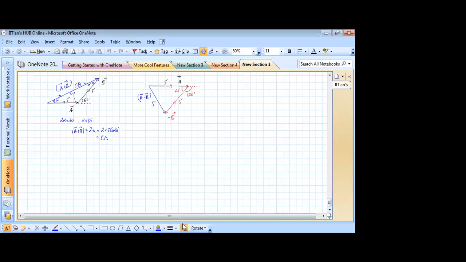Right, so hope this is clear to all of you. So this finishes our first part of the geometrical type of operations involving vectors.